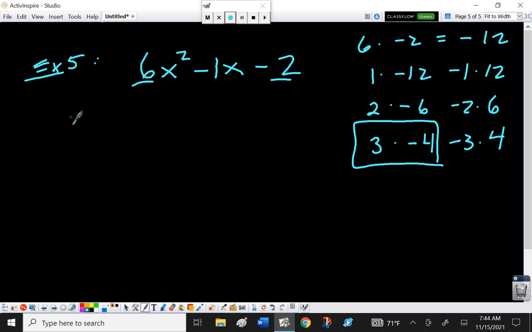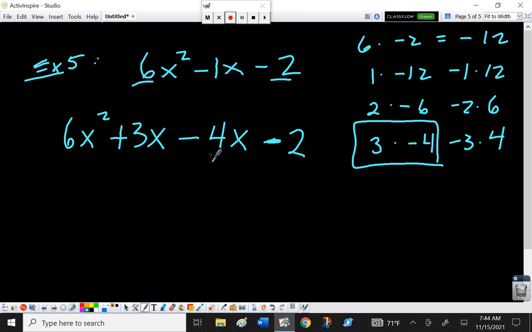So ladies and gentlemen, 6x squared, skipping some space, putting a -2. Now I'm going to put +3x minus 4x. Doing this, ladies and gentlemen, I can see that 6 and 3 have a common factor of 3. And of course, we're still going to take out an x.